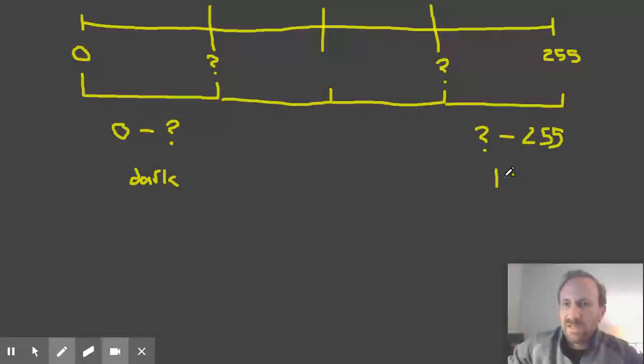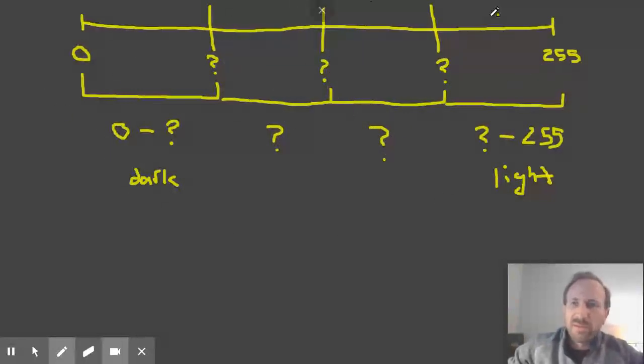Those are going to be the lightest color in your color palette. And then you're obviously going to have these other regions as well. You're going to have this one and this one, with another breakpoint in here. You just have to do a little bit of math to figure out what these breakpoints are going to be, so you can group these pixels accordingly. That's all you have to do.